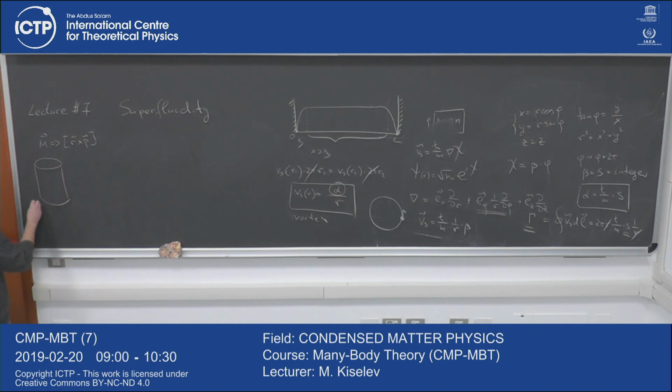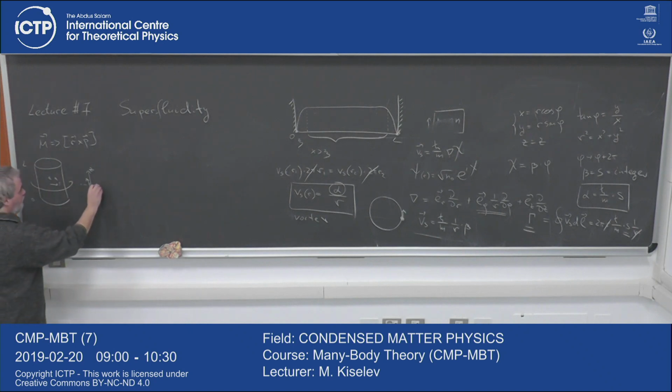So again, we assume that we have a cylinder. So this is 0, this is L. We know from here that we rotate this cylinder, and the field of velocities is tangential. It doesn't depend on z at all. And therefore, if r is in the plane, r times v creates a momentum in the direction of z, because this is a vector product.